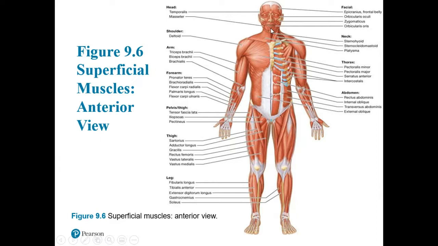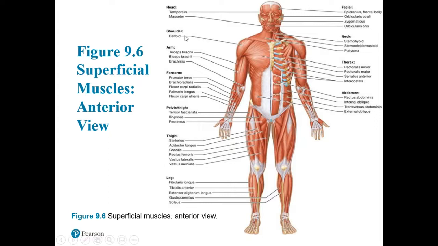You can try it right now: pull your lower lip down, but only the lip. It's kind of hard. That is your orbicularis oris being influenced by other muscles. These are superficial muscles you should be able to feel as you contract them.